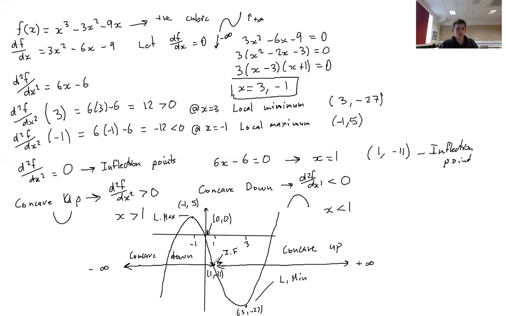This is really important, because past here we're still decreasing, but we're decreasing at a decreasing rate, all the way up until our local minimum at 3, -27. Then this is the point where decreasing at a decreasing rate transitions to increasing, and it will increase at an increasing rate.